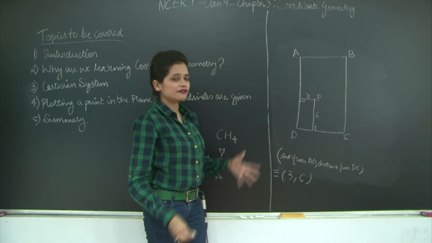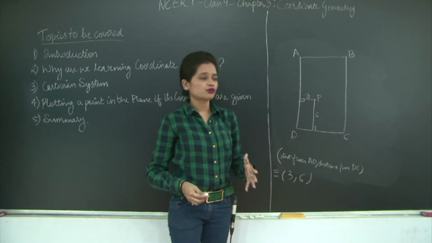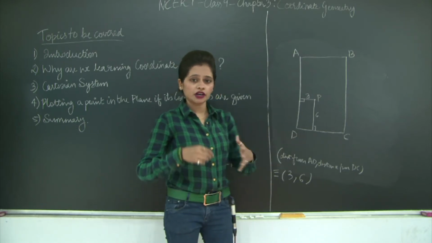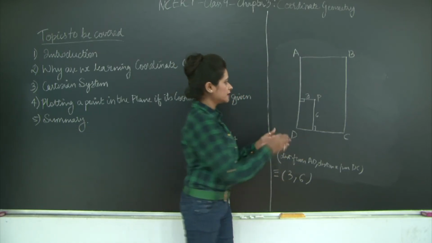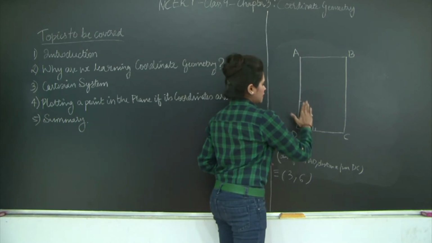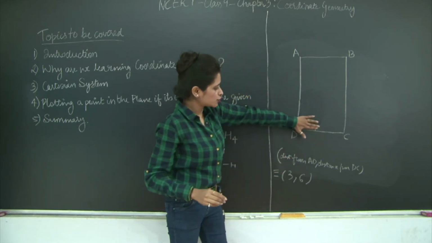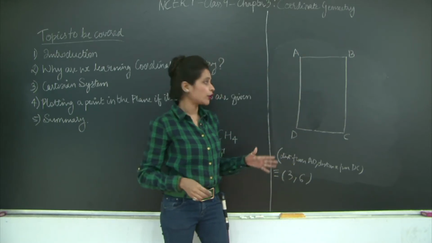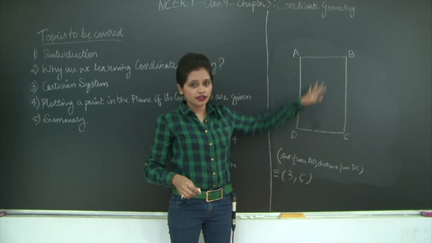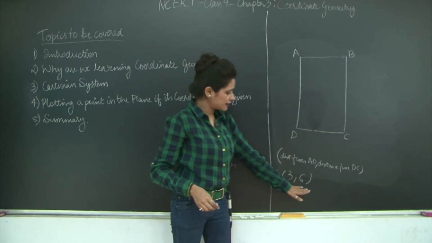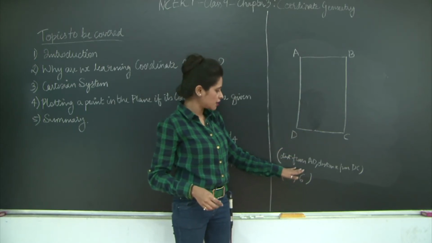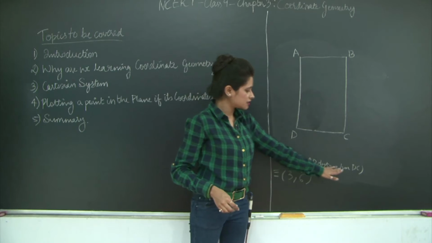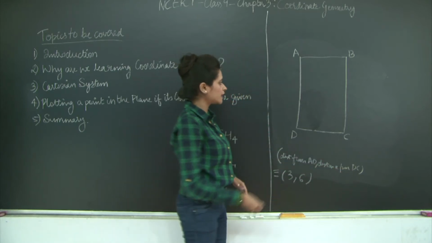So similarly, if your teacher is telling you to plot a point, let's say you have your page and she is asking you to plot a point anywhere on this page at this location, 3 from AD and 6 from DC. So how are you going to do that?